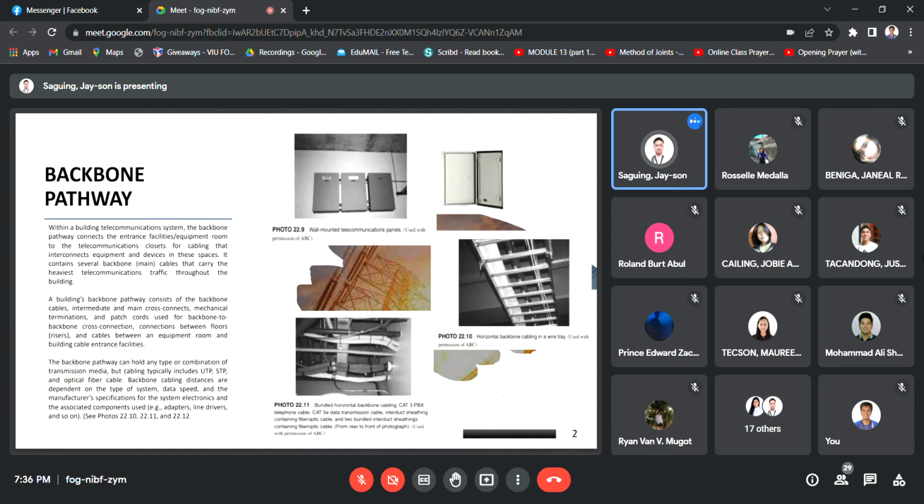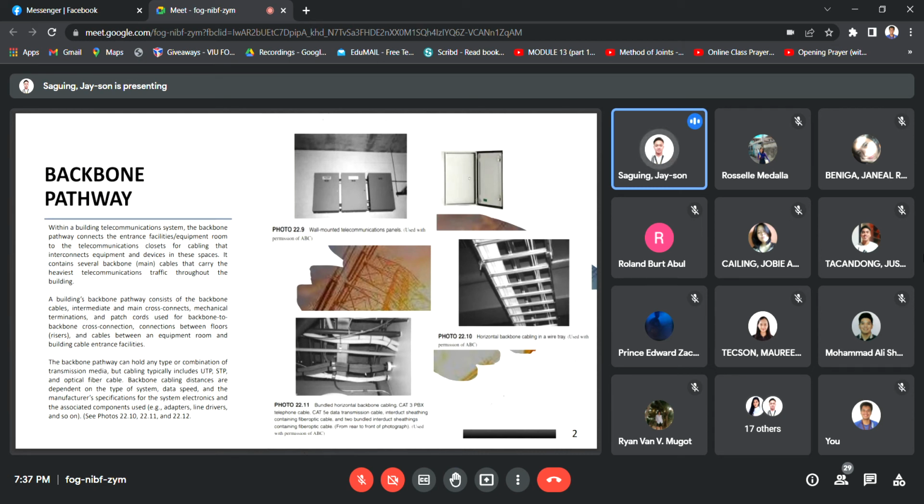It contains several backbone or main cables that carry the heaviest telecommunications traffic throughout the building. It is usually a vertical arrangement that connects floors in a multi-story building. However, the same function may be served by a lateral backbone for horizontal distribution in a large building with spacious floors.